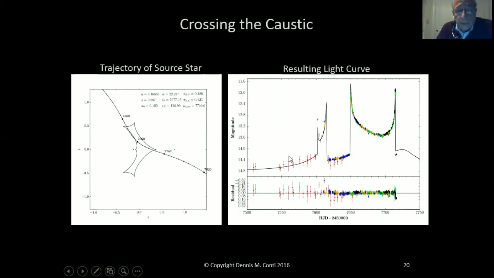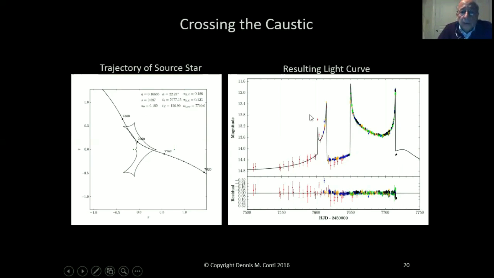So to answer the question about confirmation, it's basically taking observations of the light curve that will show a characteristic pattern that astronomers then use to derive what that caustic looked like and what path the object took.